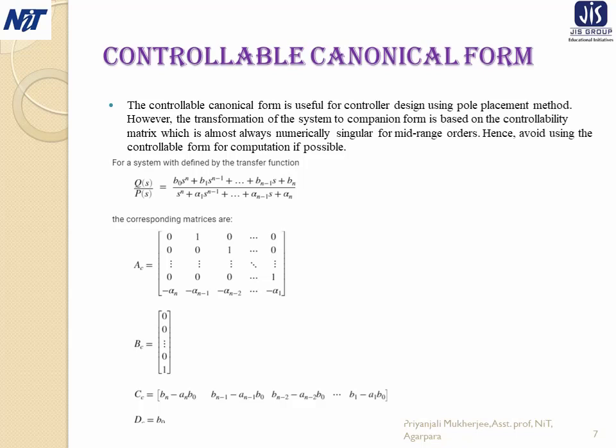So from this controllable canonical form we can easily find the actual coefficients of the denominator, and then if we look at this, we can write what the matrices A, B and C will be. So let us take one example.